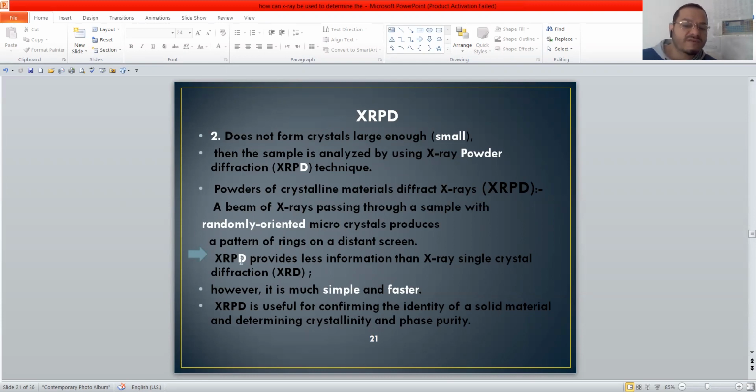X-ray powder diffraction provides less information than single crystal X-ray diffraction.